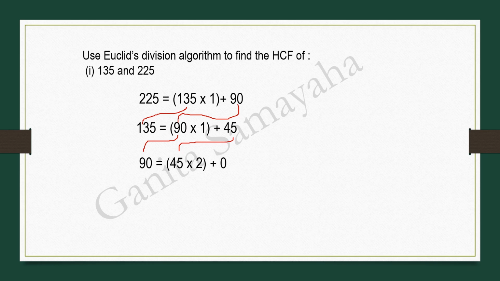Since we have the remainder as 0, our HCF will be the last divisor here. Okay. So the HCF of the numbers 135 and 225 is 45. This is how we use Euclid's division lemma to find the HCF of any two given numbers.